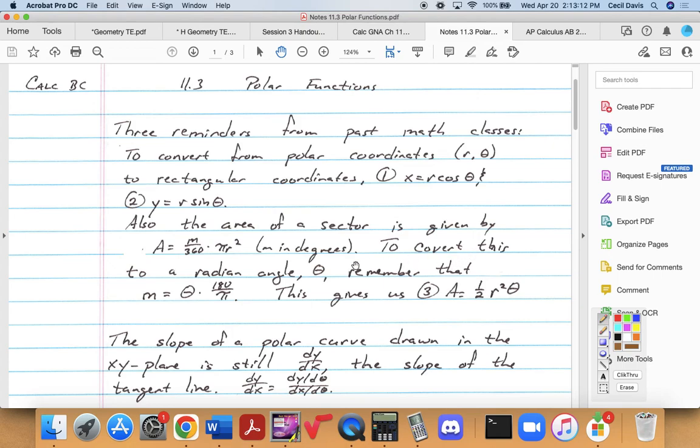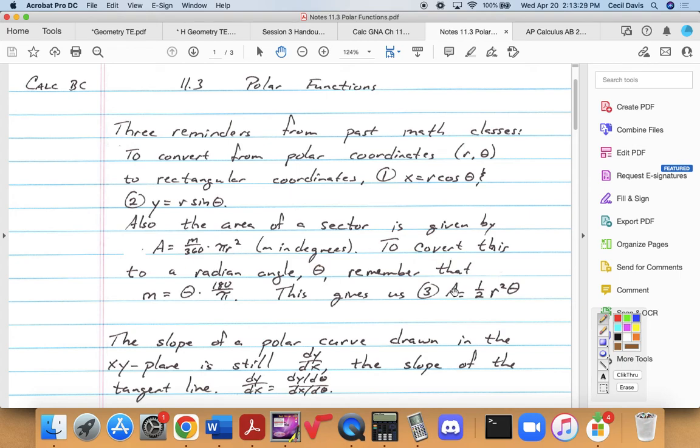Okay, so to convert this to a radian angle, theta, remember that the degree measure is equal to theta times 180 over pi.